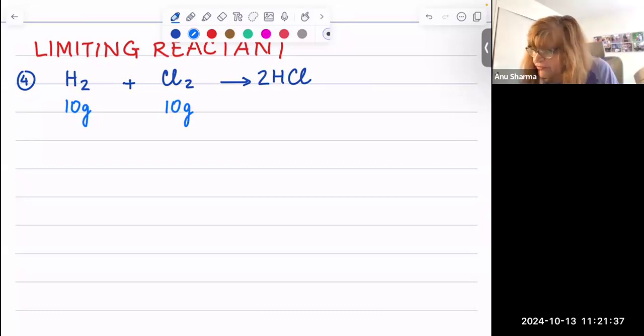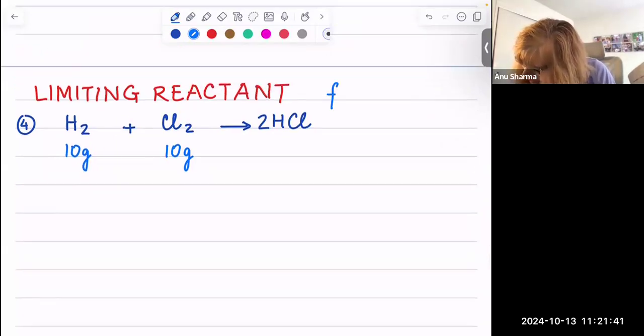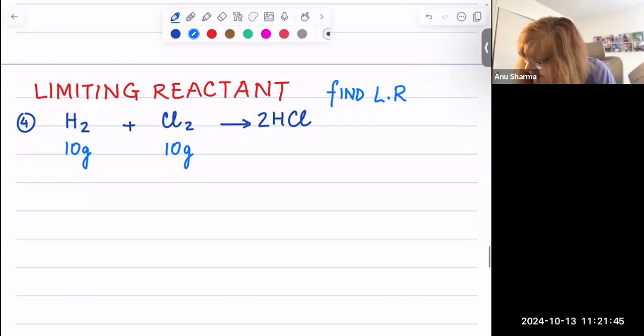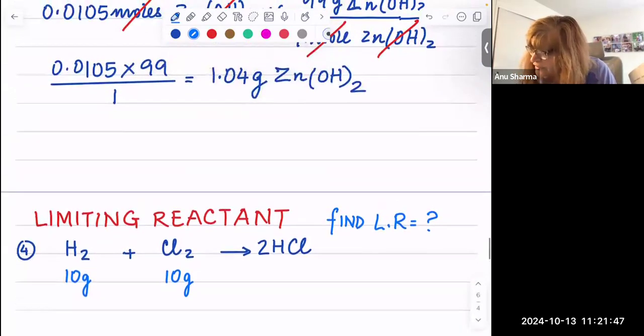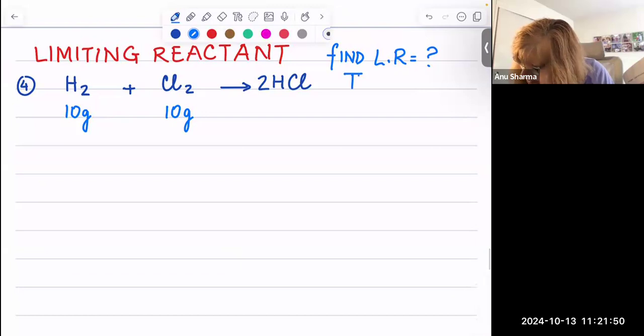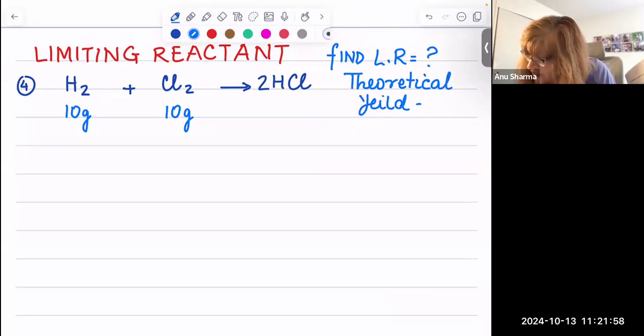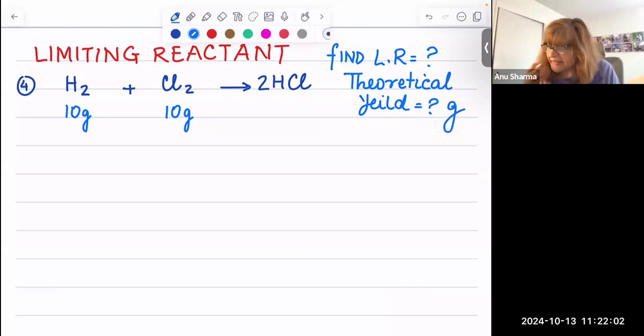Identify the limiting reactant, LR, and obviously with that, the theoretical yield, like how much in theory can you actually produce? The theoretical yield is the amount in grams of HCl.